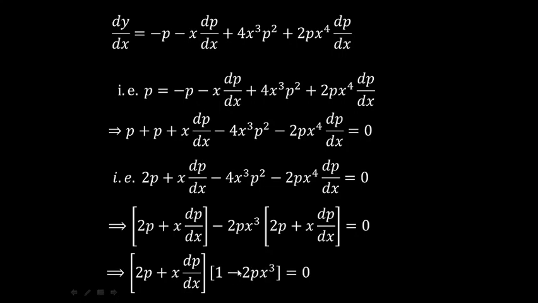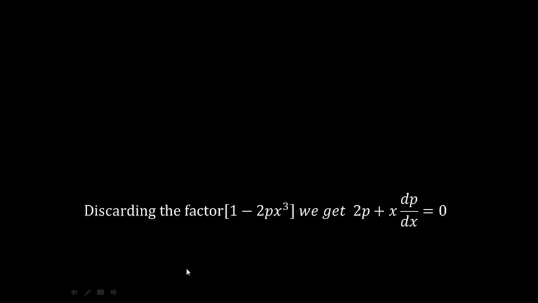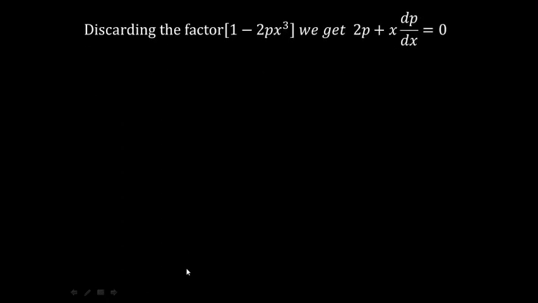So neglecting the term 1 minus 2p x cube, we will consider only the term containing the derivative of p as well. So we get 2p plus x into dp by dx equal to 0, equating the other factor with 0.